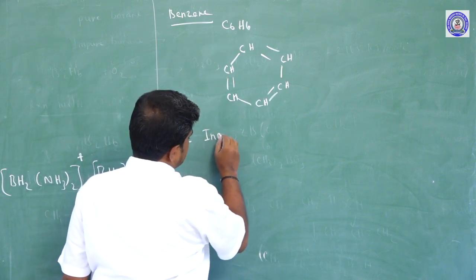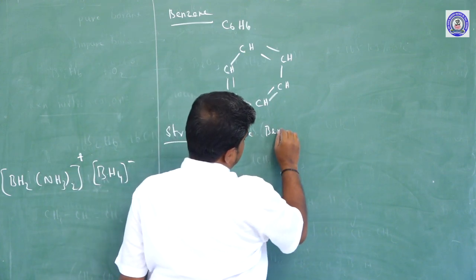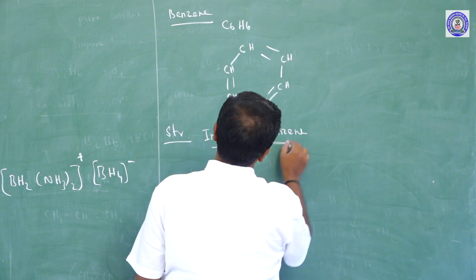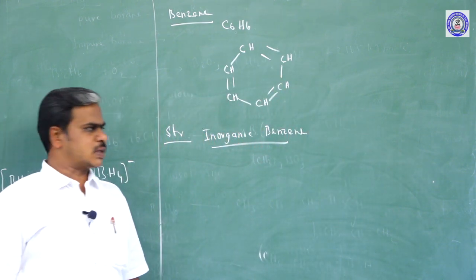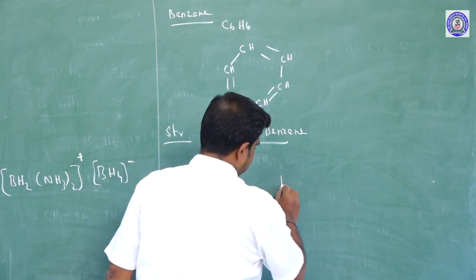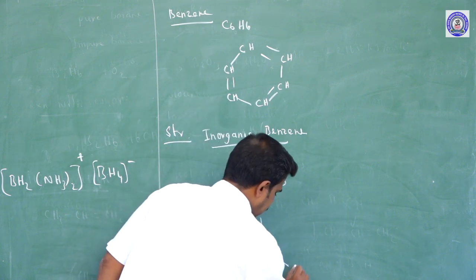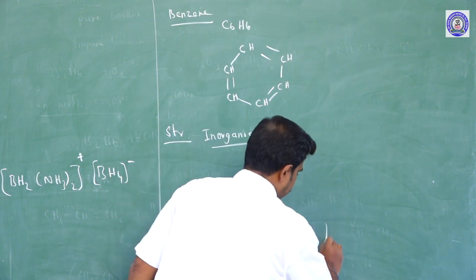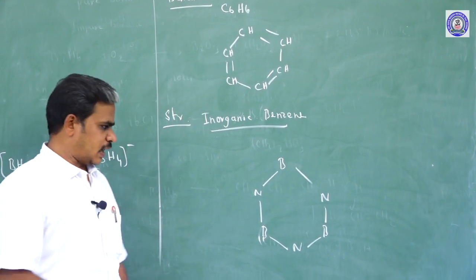Structure of inorganic benzene. Benzene is organic; carbon and its compounds are known as organic. Now it is inorganic benzene. The structure has boron and nitrogen, alternate boron and nitrogen.